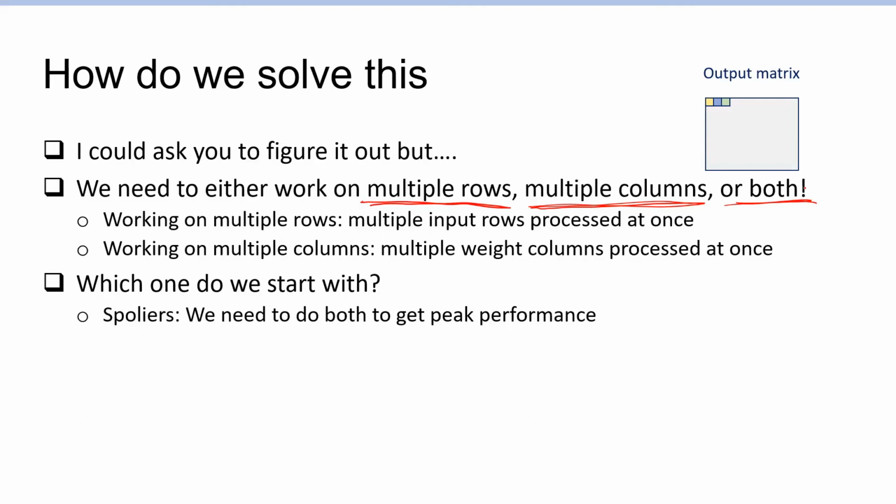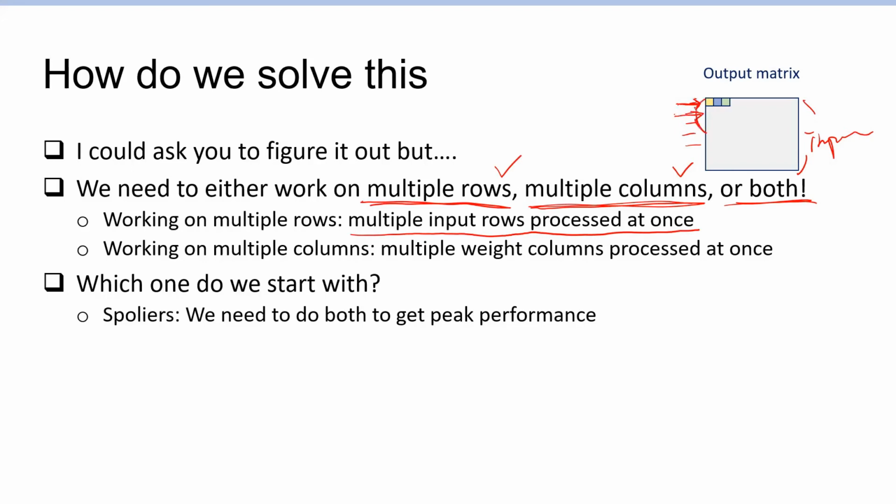So I said we need to either work on multiple rows at once or multiple columns at once. If working on multiple rows at once in the output matrix, because this is input dim, working on multiple rows at once represents multiple input rows processed at once. So we process not only this row, and we don't wait until this row is completely finished before moving on to this one.